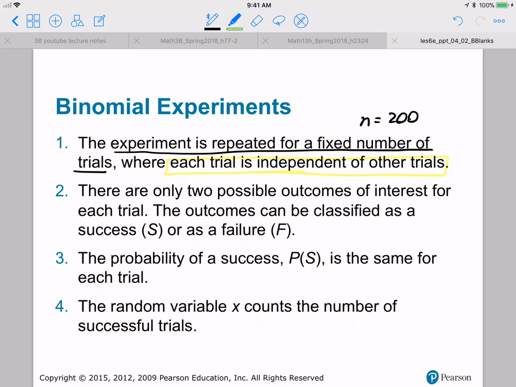That's number one. Number two, there need to be only two possible outcomes of interest. The fact that there are only two possible outcomes is why we call this a binomial experiment. If there are three possible outcomes, or 4 or 10 possible outcomes, that would be considered a multinomial experiment. For us, we're only going to consider binomial experiments, so there will be two possibilities, success or failure.